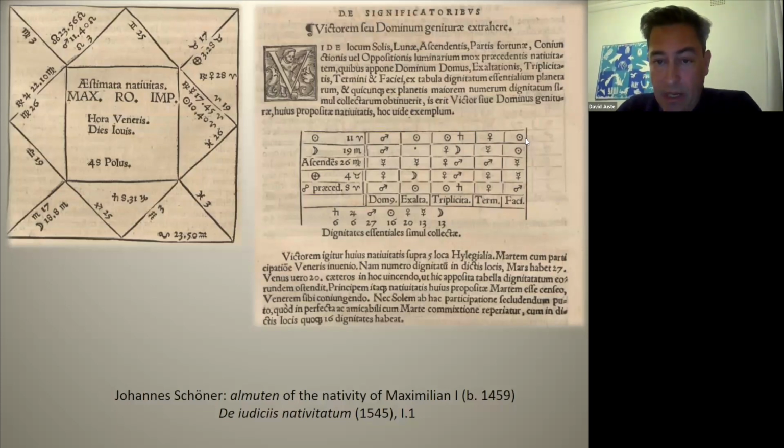And then at the bottom, he gives the sum of all degrees owned by all planets in those 5 places of life. For example, take Saturn, 6. Why? Because you see that actually Saturn features twice in that table, twice as the participant of a triplicity. 3 plus 3 is 6.